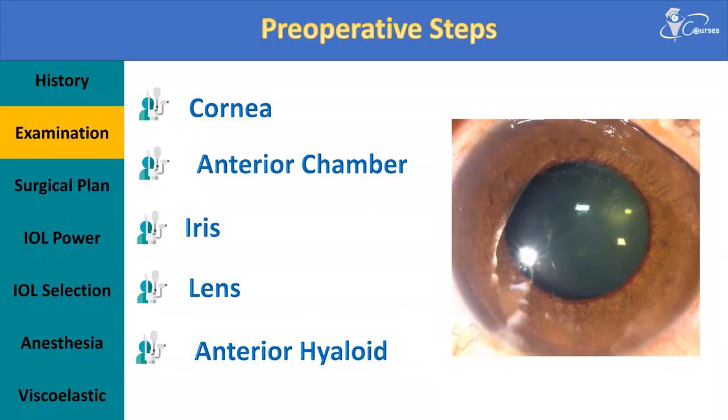Also, the iris has a very important sign that shouldn't be missed, which is iris neovascularization. This means that the patient has an ischemic process like proliferative diabetic retinopathy, ischemic vein occlusion, or ocular ischemic syndrome.